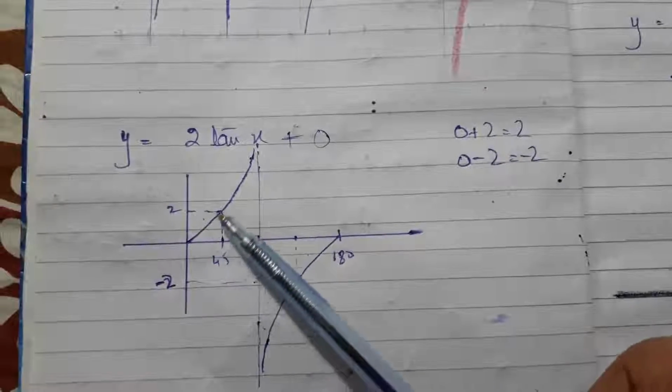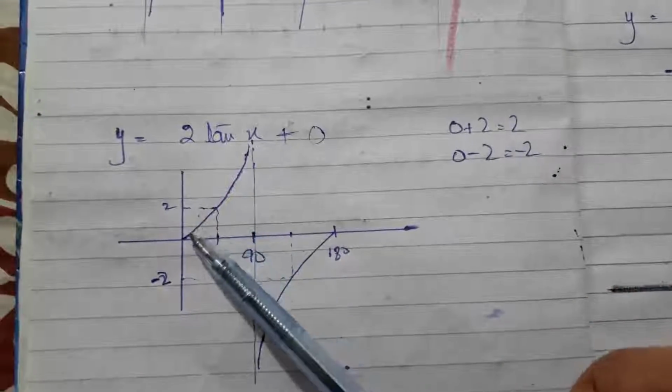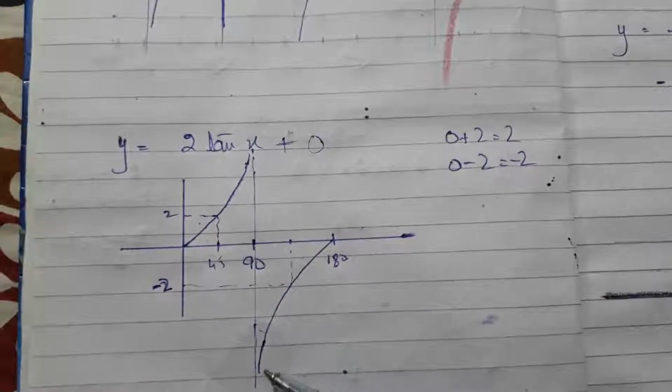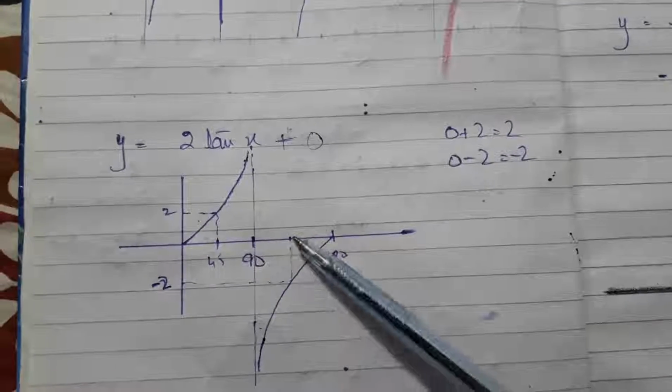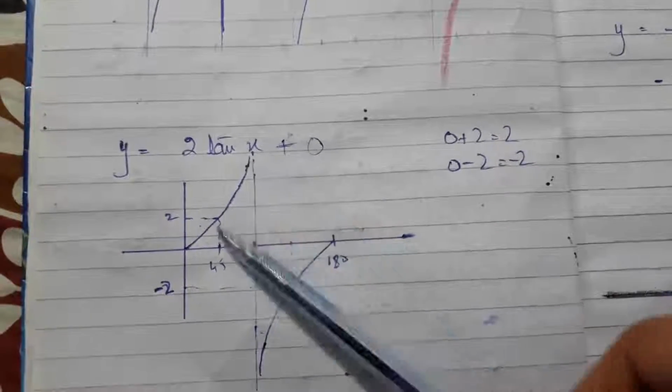So it just tells you how steep the graph will be. If this number gets bigger and bigger, the graph will become steeper and steeper. That's all. Similarly, halfway between 90 and 180 is 135, and it will pass through minus 2. So this is the importance of these numbers here.